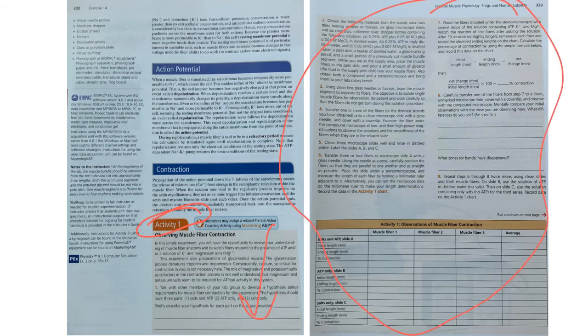These will be questions asked on your lab quiz next week, so take time to read through it and understand the experiment. Over here, this tells you how to determine percent contraction. You're going to need to know that to do your data sheet today. Your data sheet looks very similar to this table down here.